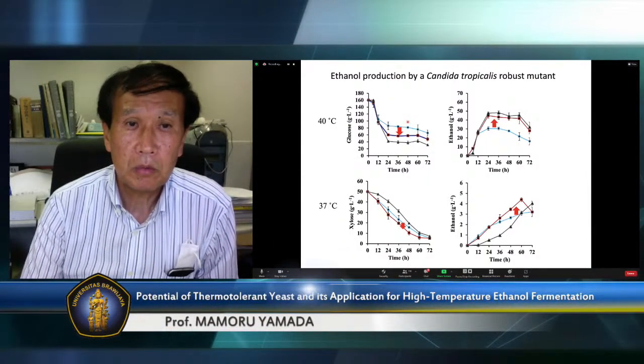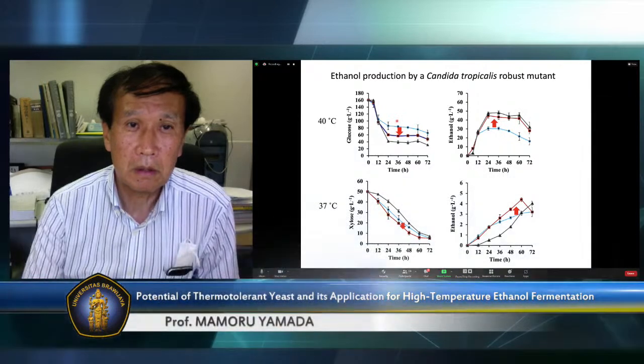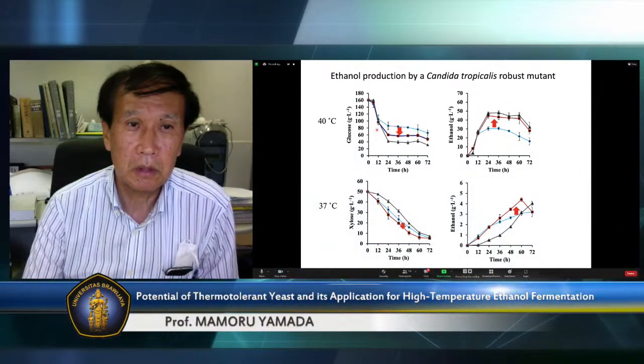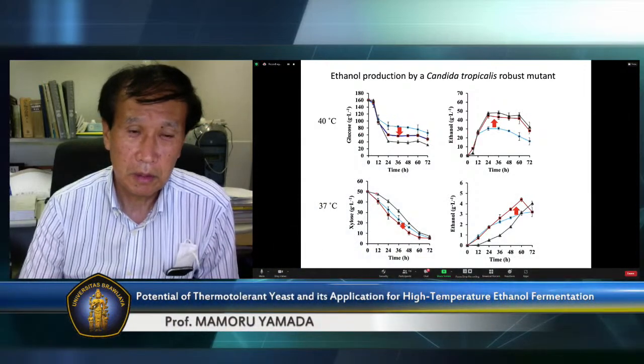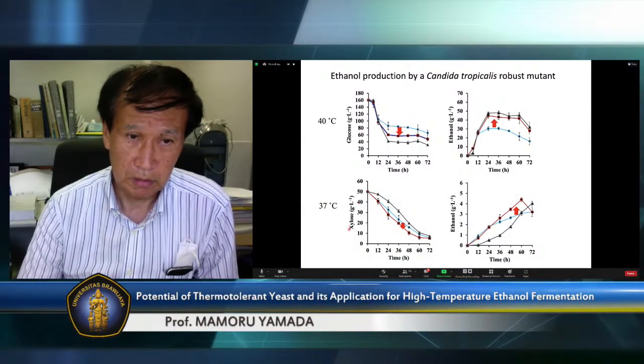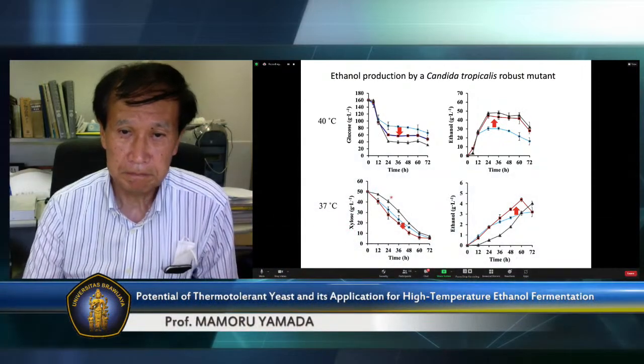Compared to wild type, the mutant uses more glucose and produces more ethanol, and also produces ethanol from xylose.